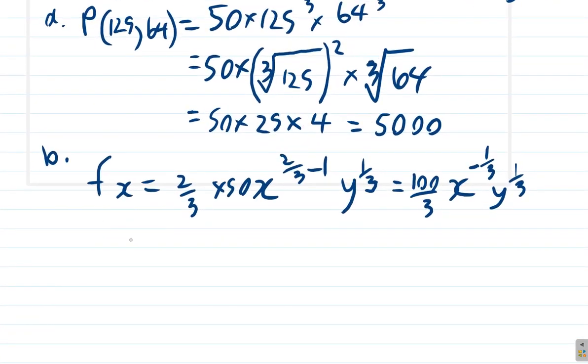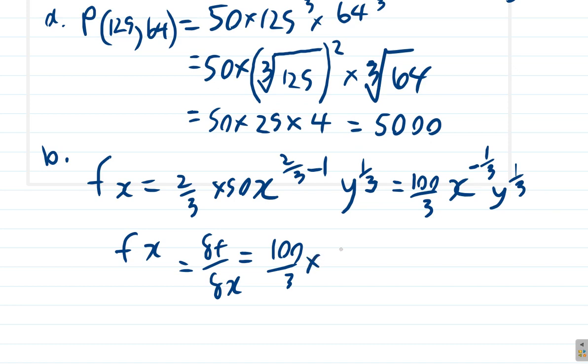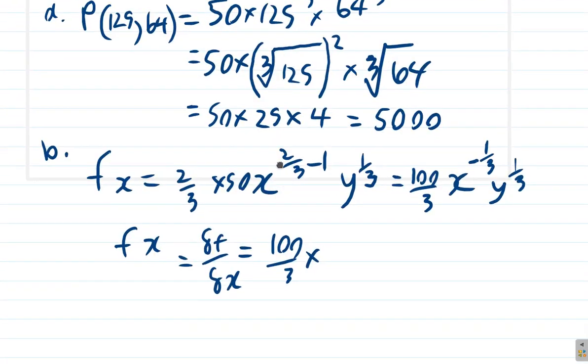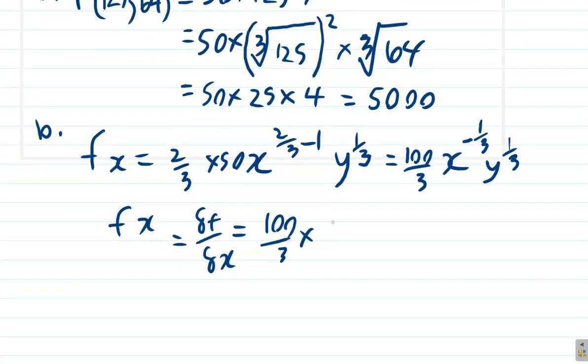So P sub x, remember, it's the same thing as del P by del x. This is equal to 100 over 3 times, remember, we're looking at the number 125, so it's 125 to the power of negative 1/3, times 64 to the power of 1/3.